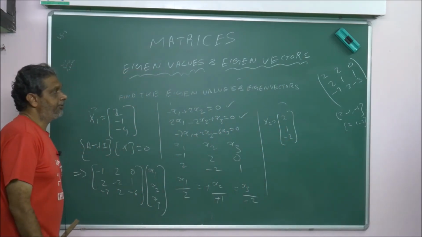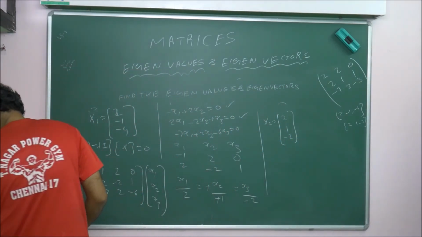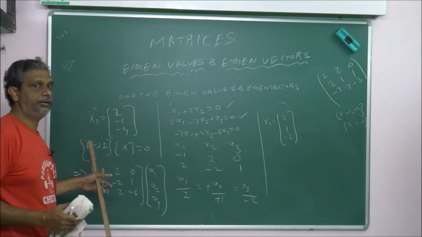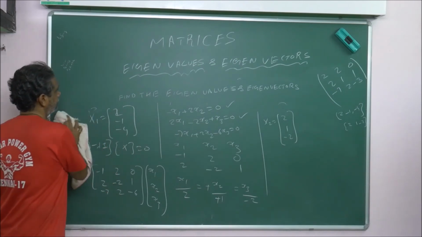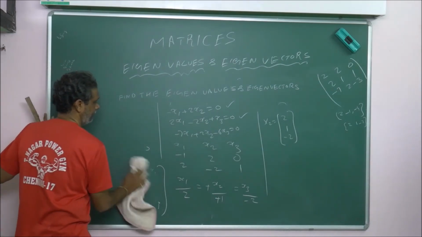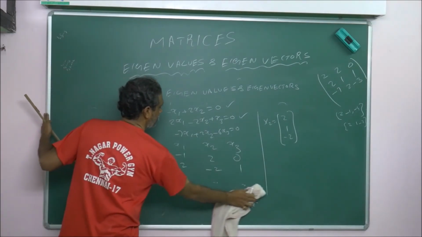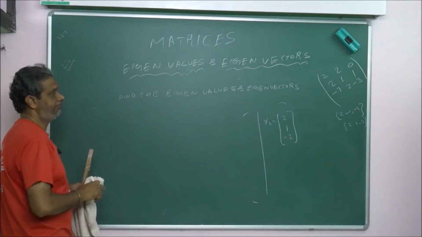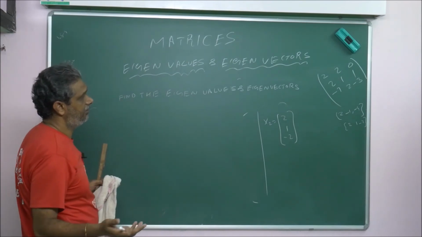Similarly, what will you do for the next value? Lambda is equal to minus 4. Substitute there. Shall I rub off here? Am I confusing? See, if you want, you can pause and see every step.